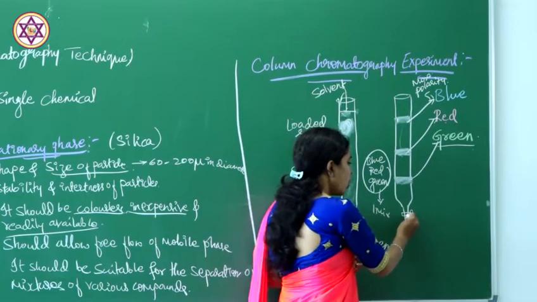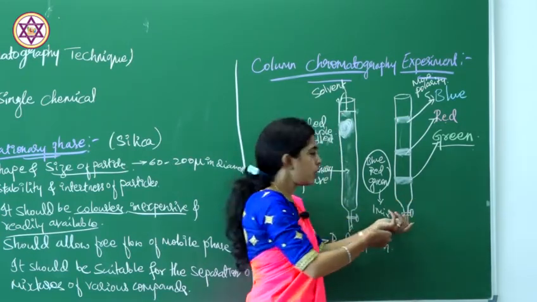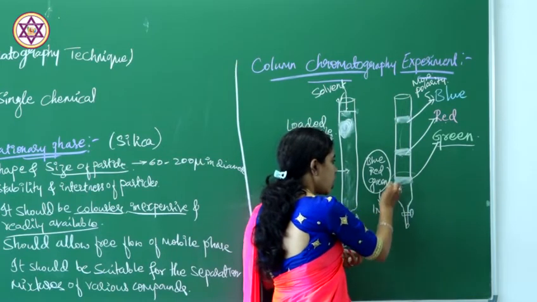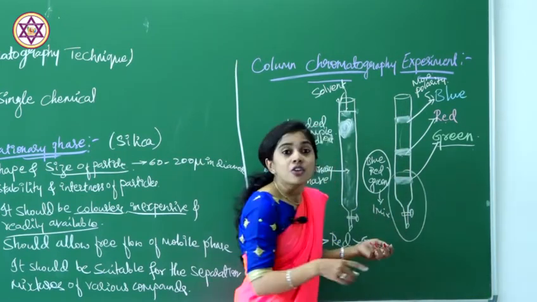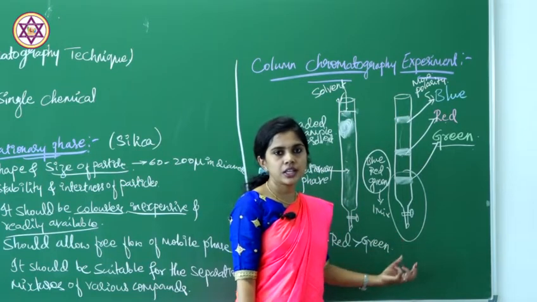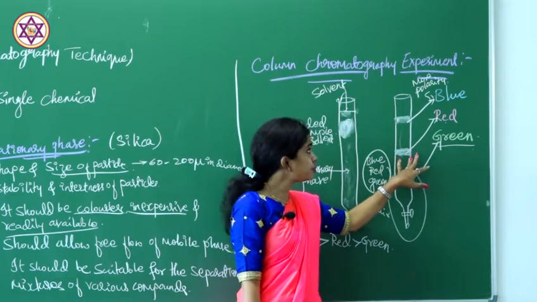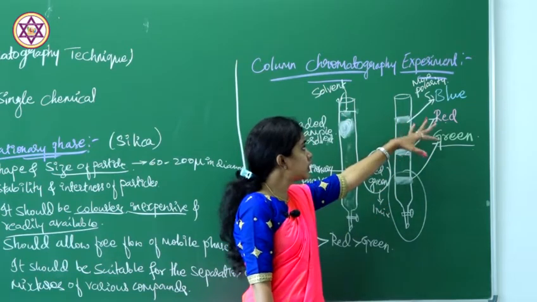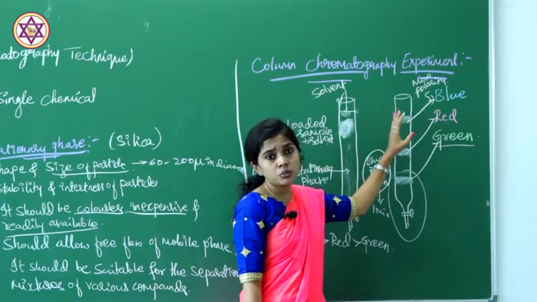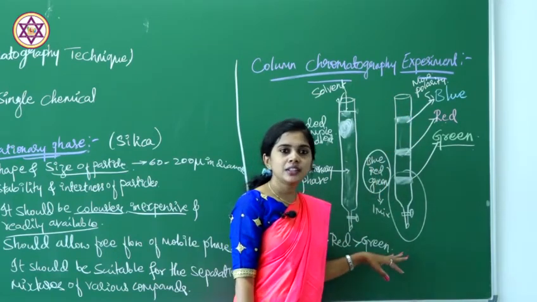Then we are going to turn on the tap and collect. First we collect the green color compound in one test tube. Then after that we collect the red color. Then after that we collect the blue color one. Like this we separate the compounds.